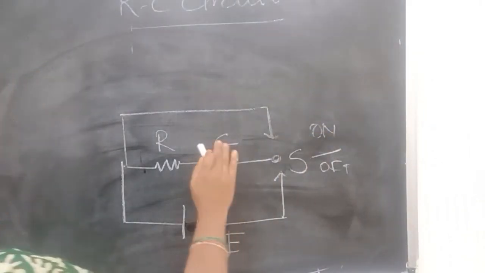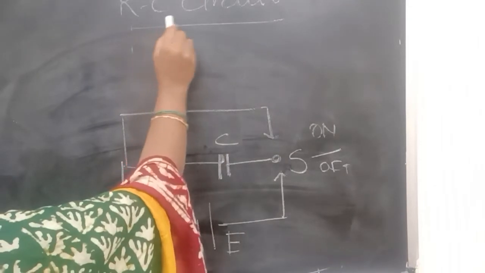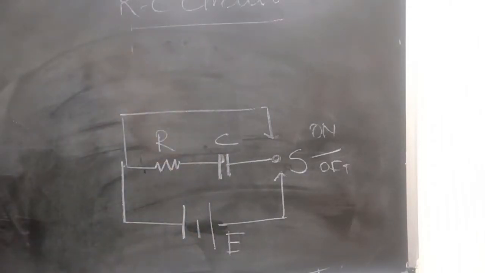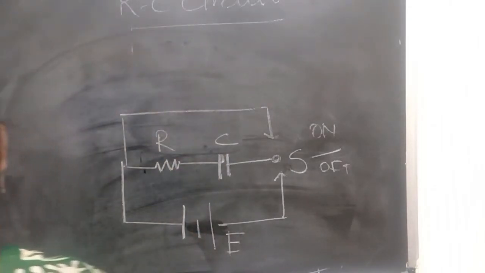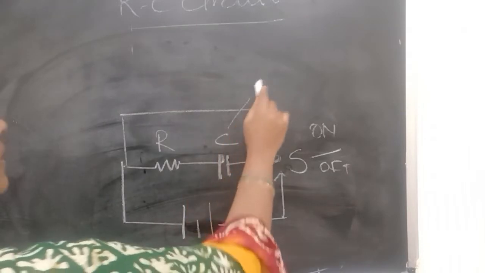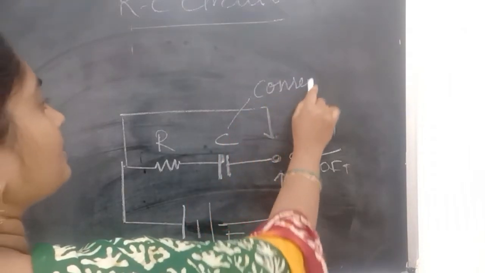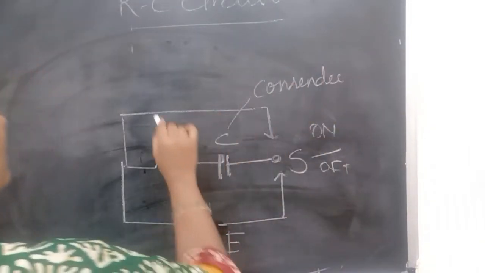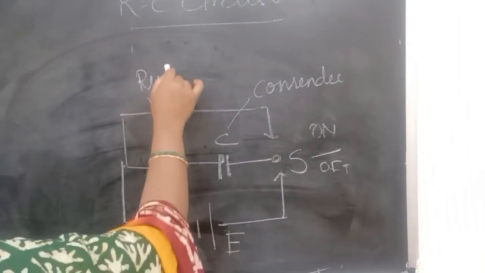In the previous class I told you about the RL circuit, how it is increasing. But in today's class we are using a circuit which consists of a capacitor, also called a condenser, and this is the resistor.